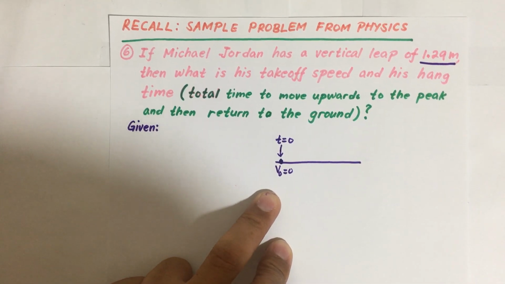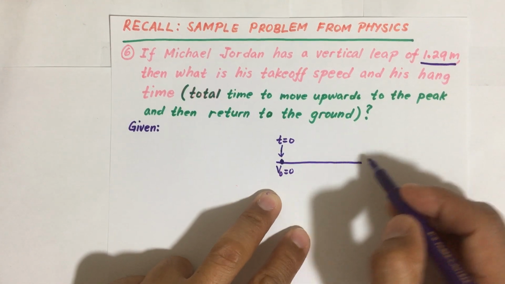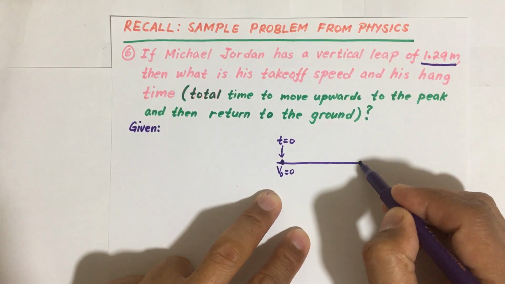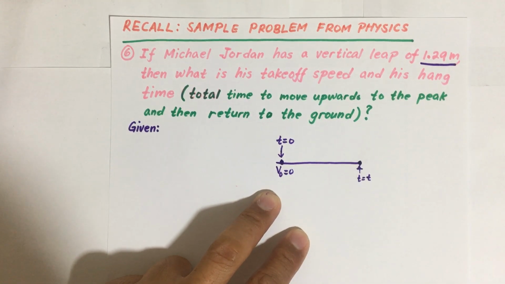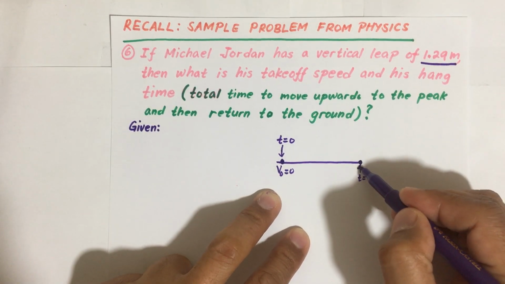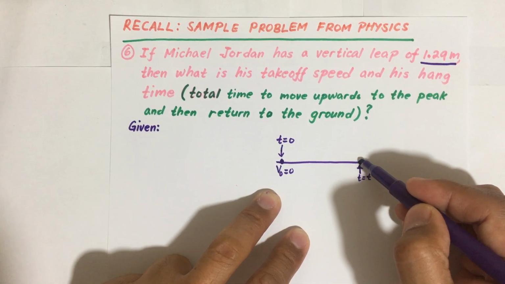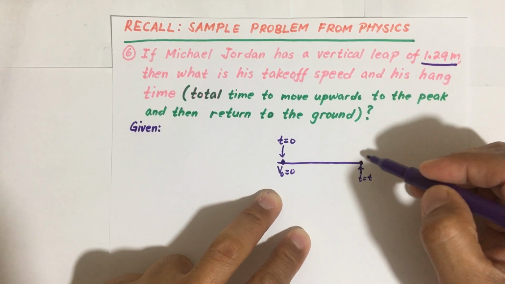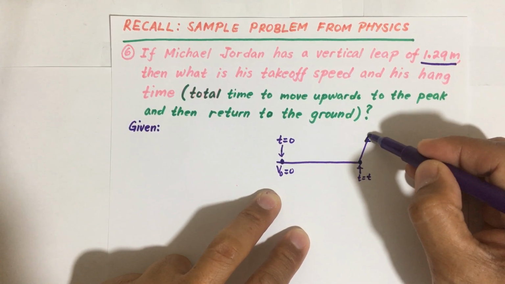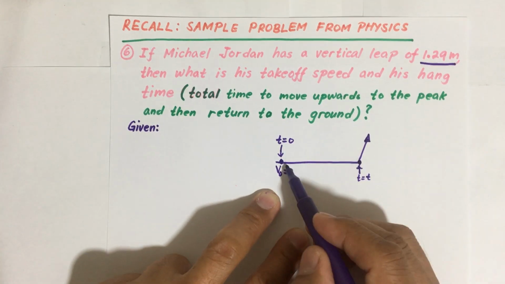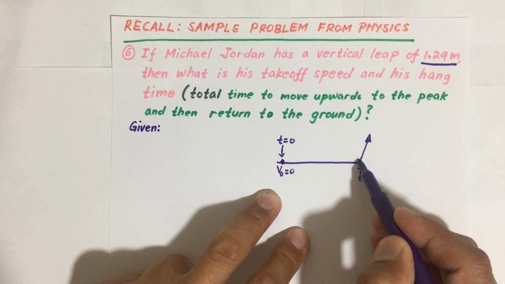And as he runs towards, for example, the ring, assuming at this point here, at a certain time t that we don't know yet, he begins his vertical leap. So as he moves from this point to this point, he's running and then makes a vertical leap.